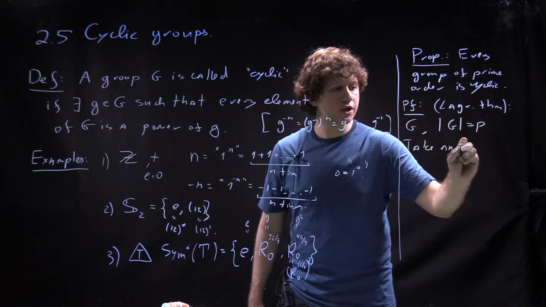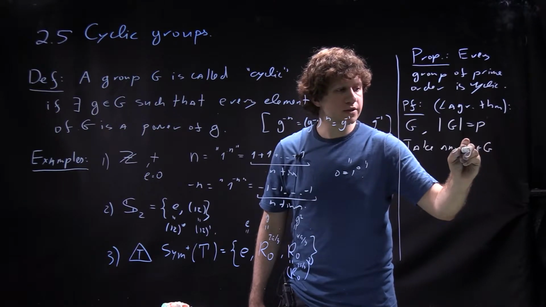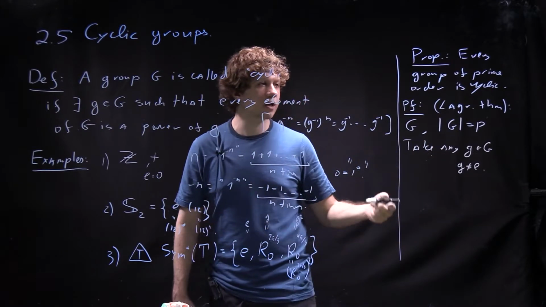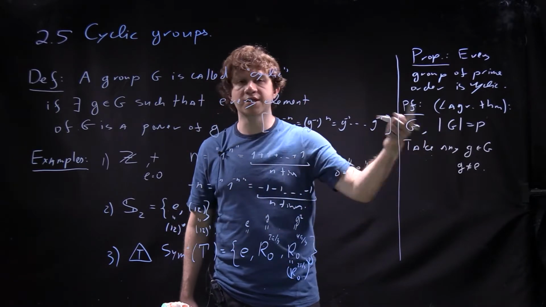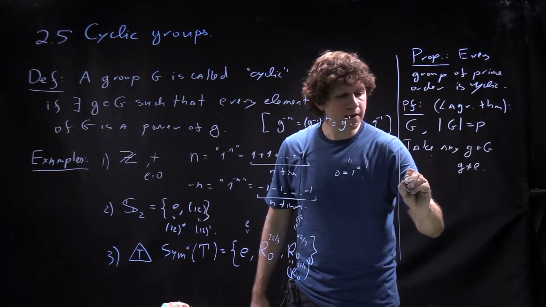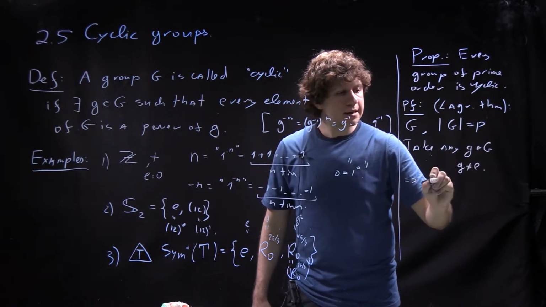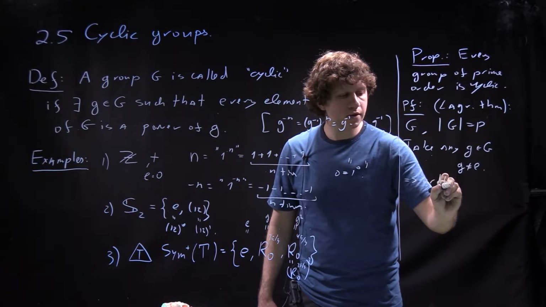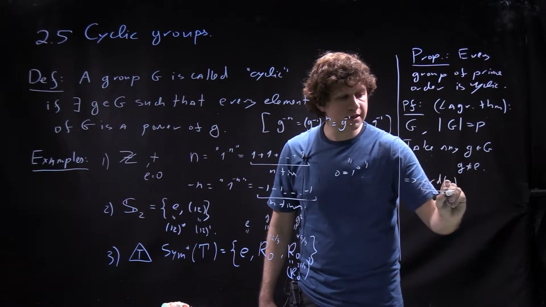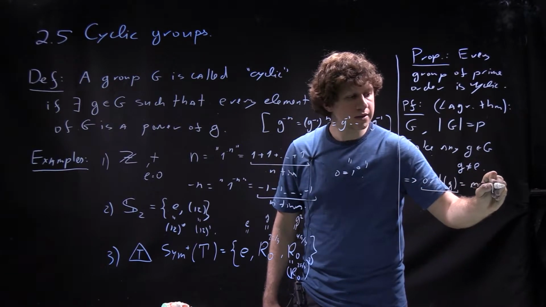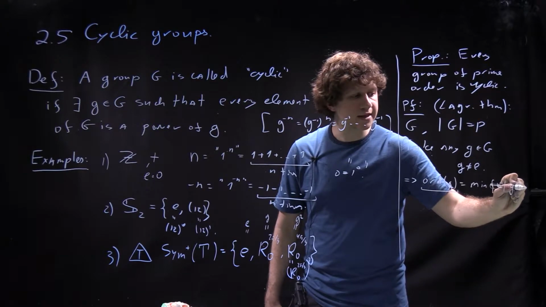So take any g in G, where this little g is not identity. Just any other element except identity. If G has just one element, that's not hard to see. So then we know that we can look at the order of g, and I remind you that this is the minimal number k such that g power k is identity.